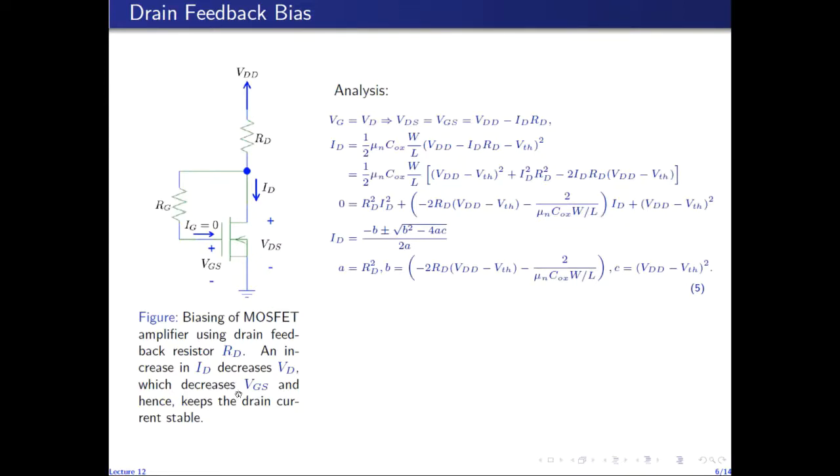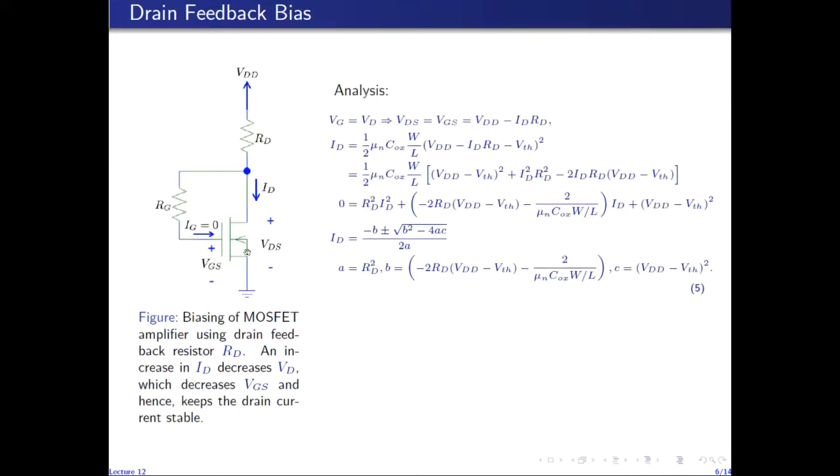So any increase in ID because of some variations in the parameters of the device will decrease VGS, because an increase in ID will increase the drop across RD, which will decrease the drain voltage and hence the gate voltage. Since the source is at ground, a decrease in gate voltage will decrease VGS.